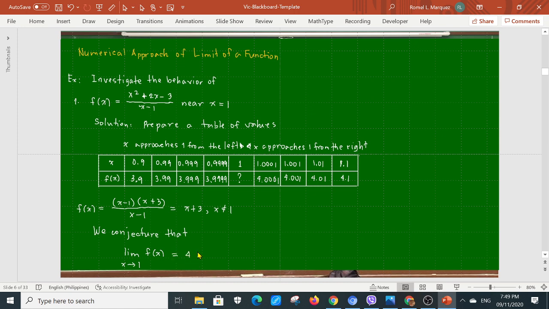And that is how we write it. Okay? So that is using numerical investigation.